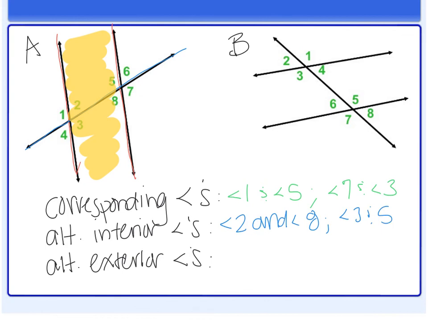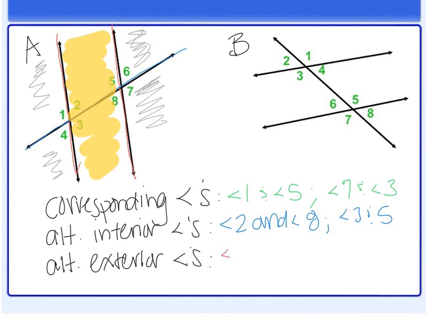Finally, let's look at alternate exterior. Remember, exterior refers to the space outside of a set of parallel lines. So the space outside the parallel lines here, I'm just sort of coloring in with gray. Okay, so alternate exterior, opposite sides of the transversal and directly across from one another.